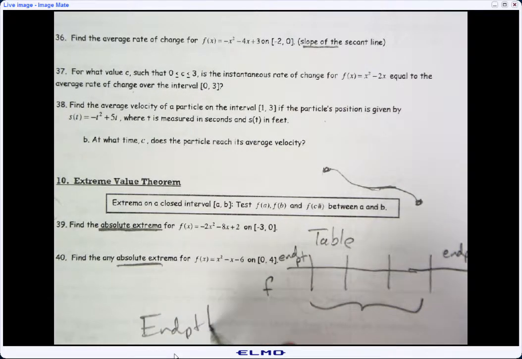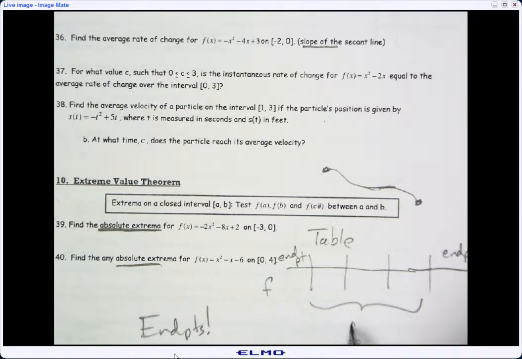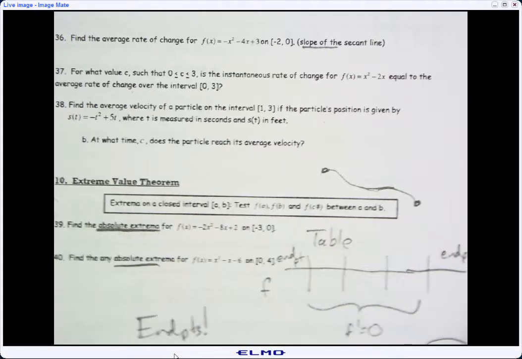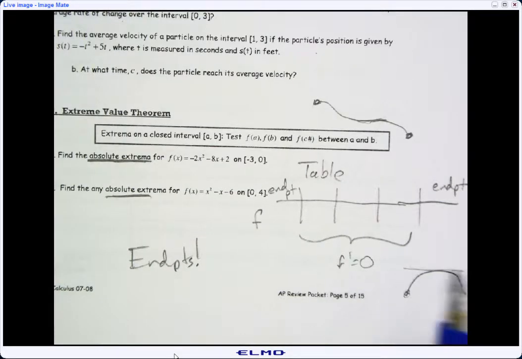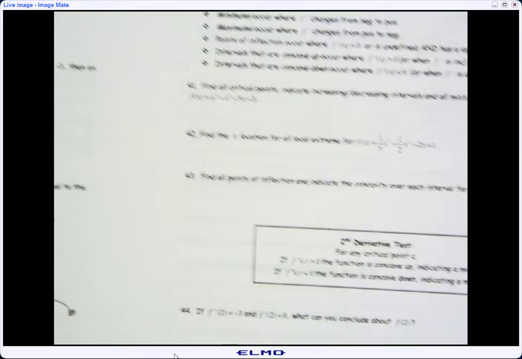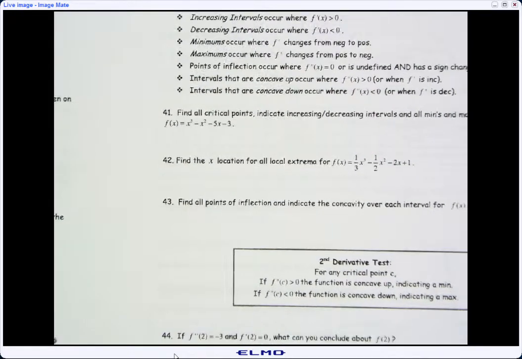I need to test the endpoints, and then I test my regular parts where the derivative is 0 in the middle, because those are the relatives, and you could have a situation where it's like this, and this time the relative where the derivative is 0 is the biggest in that interval. It just depends. Lots of terms with maxes and mins.